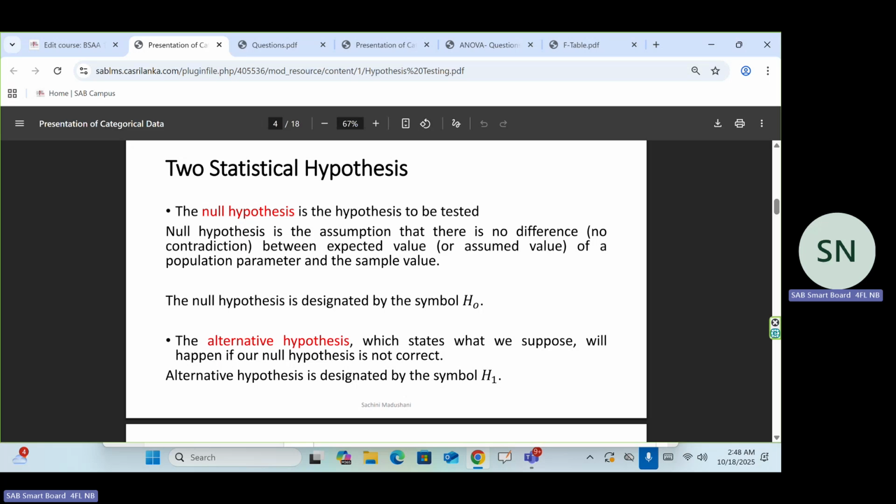We need to prove less than 50, so the thing we need to disprove is equal to or greater than 50. Then suppose we say the average mark is not 40. This is our alternative one. Then what is the null? It is equal to that value.